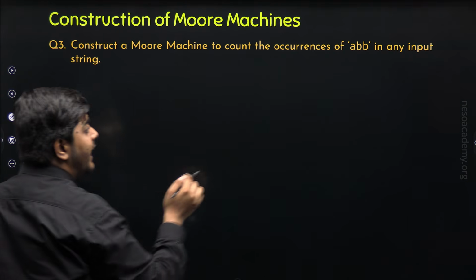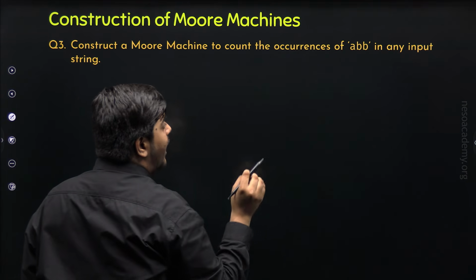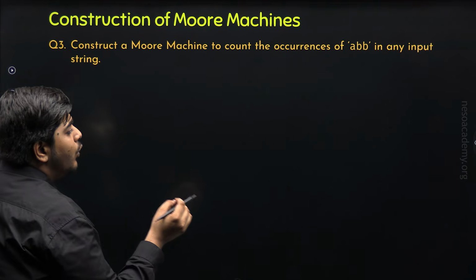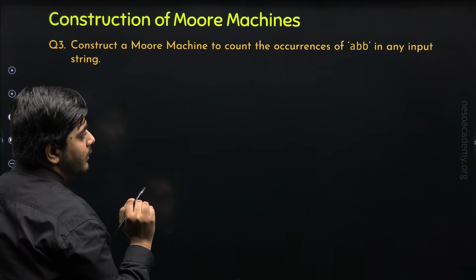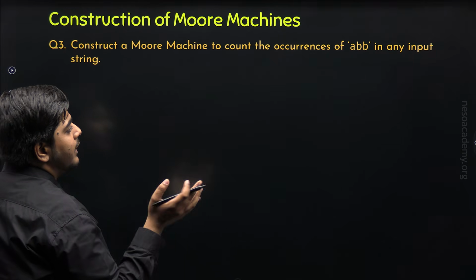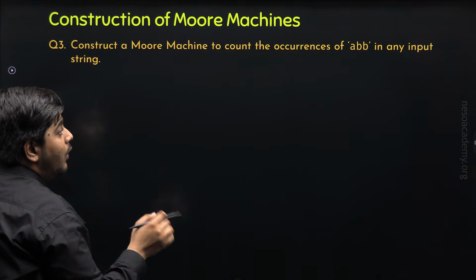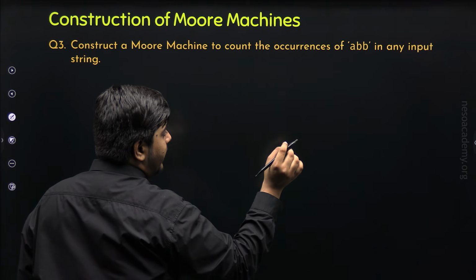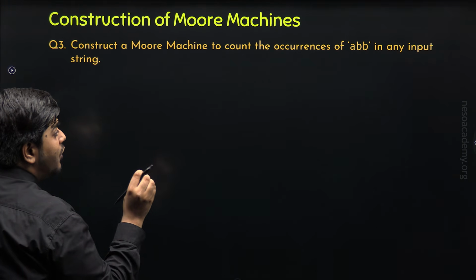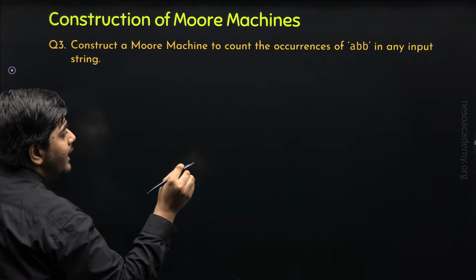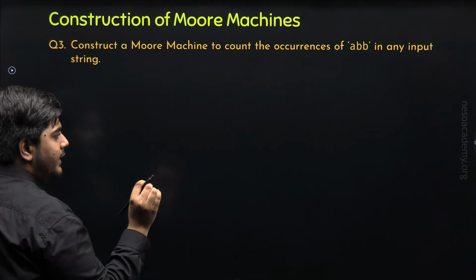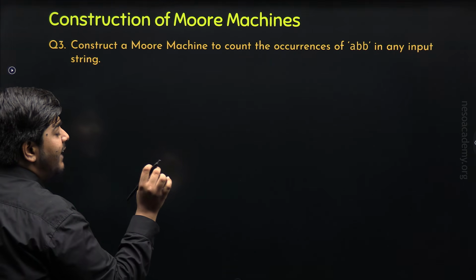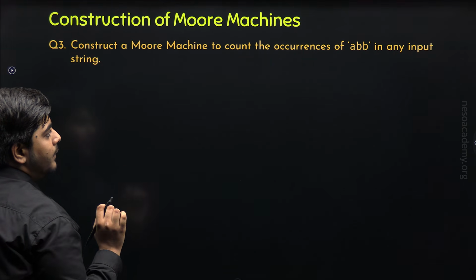So whenever we get ABB in our input string, let's denote it with output symbol 1. Otherwise, the output symbol will be 0. So the number of occurrences of ABB in our input string will be equal to the number of occurrences of 1 in our output string. So in this way, we can count the number of ABB in our input string.